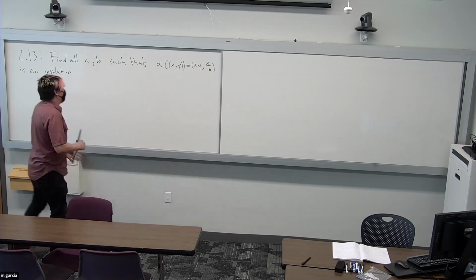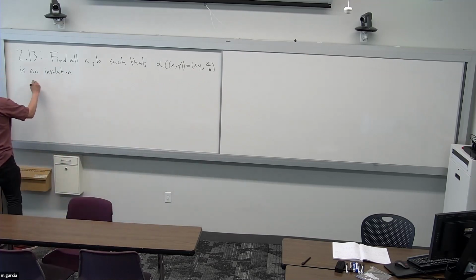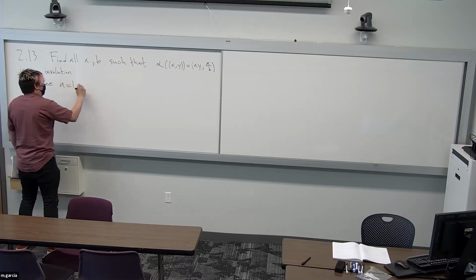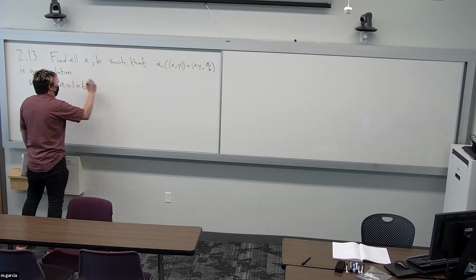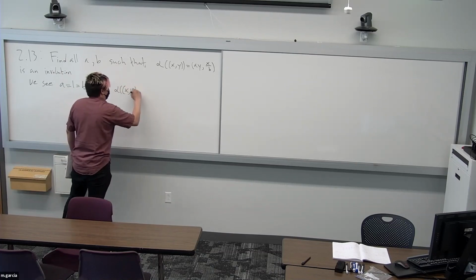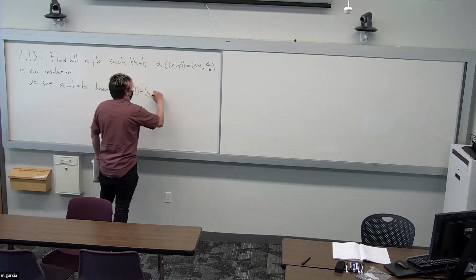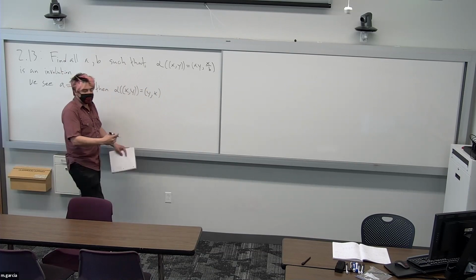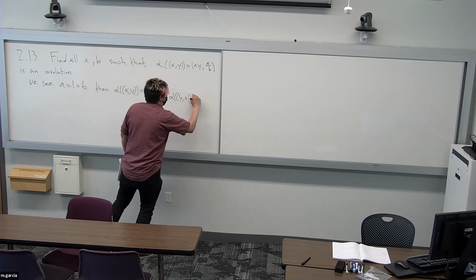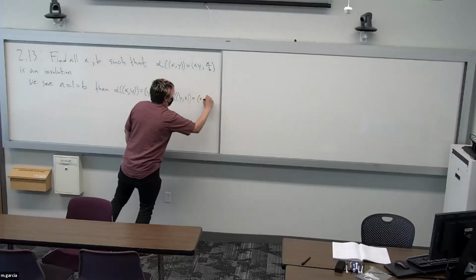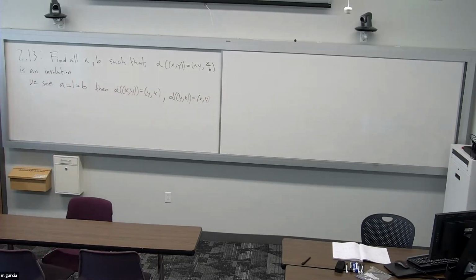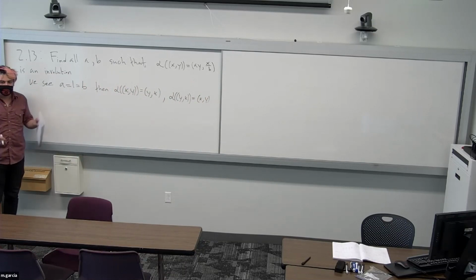So we see right away if A is equal to 1 is equal to B, then clearly that's an involution, because alpha of (y, x) is equal to (x, y). Good. Is this the only possible choice of A and B?